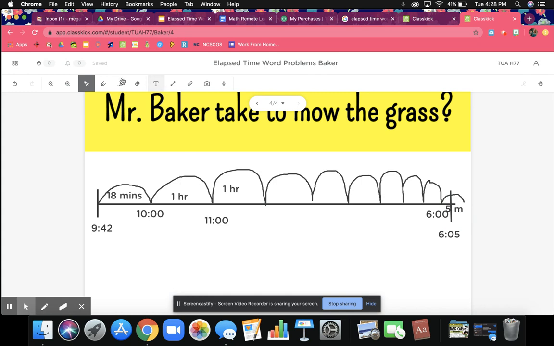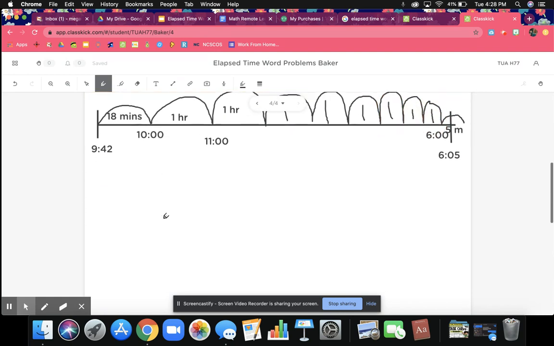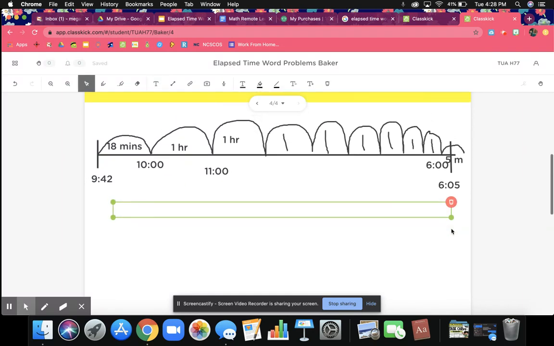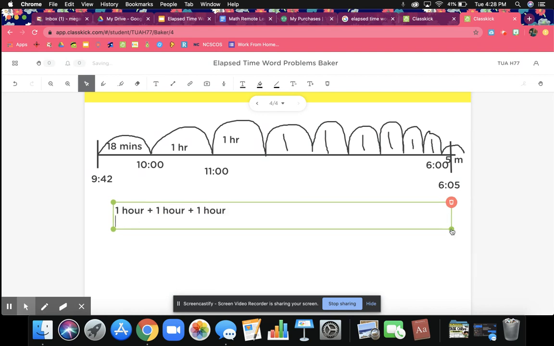So this right here is 5 minutes. I'm going to put an M. Now I'm going to take my pencil and write a 1 in each of these jumps, just to make it a little faster on the video. So now I need to add all those up. So I have 1 hour plus 1 hour plus 1 hour plus 1 hour plus, I'm going to count, 1, 2, 3, 4, 5, 6, 7, 8.